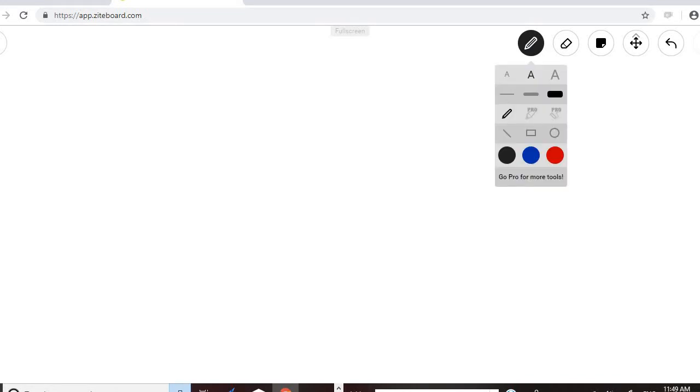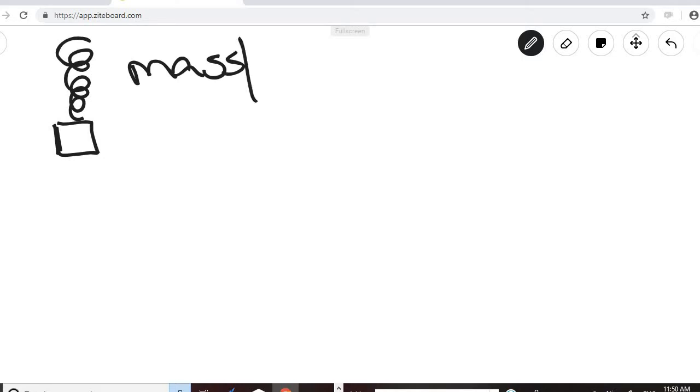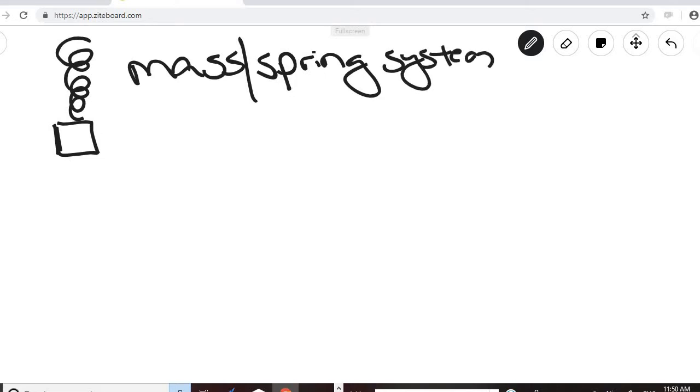Okay, first of all, if you think about it, when you have this spring and you have a mass that is hanging from that spring, we call this a mass spring system. So when you pull this thing down and let it fly, it's going to go down and up and down and up and down and up.